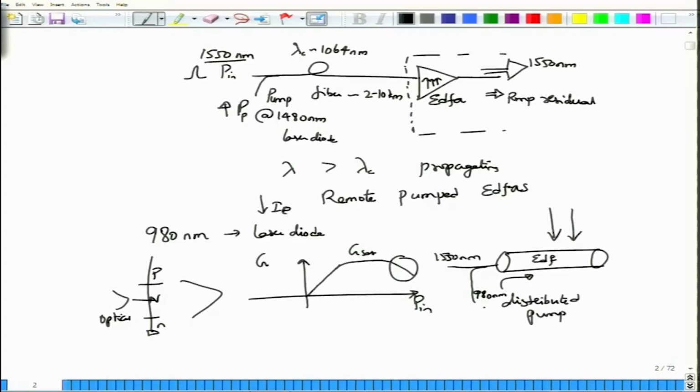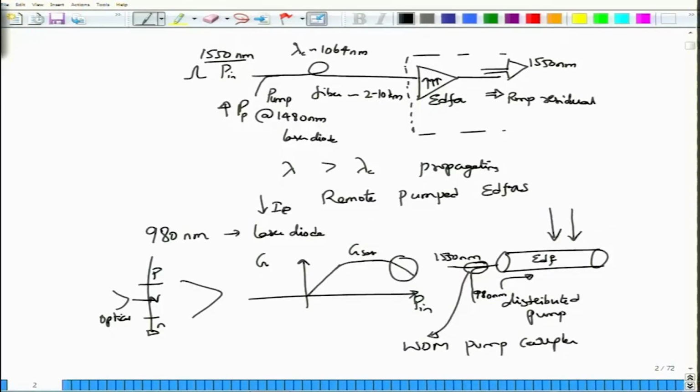So this is your signal and this is your pump, and this special device which is used to couple the signal at 1550 nanometer and a pump at 980 nanometer is called a pump WDM coupler or WDM pump coupler. WDM simply refers to the wavelengths around 1550 nanometer, whereas pump refers to the wavelengths at 980 nanometer.